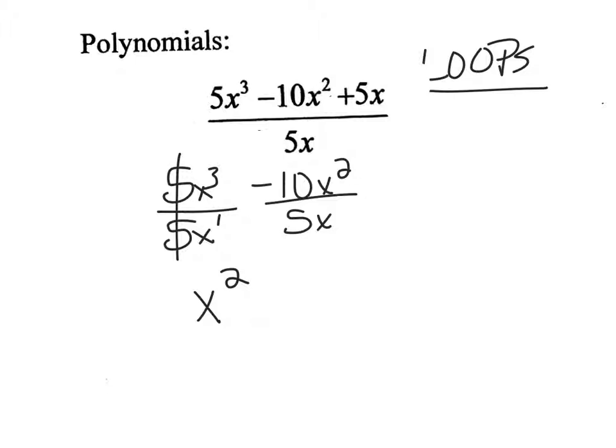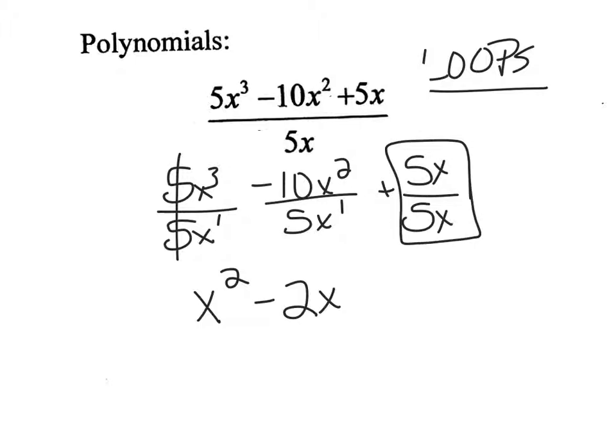Negative 10 divided by 5 is negative 2, and 2 minus 1 is 1. And you don't have to write the 1 there if you don't want to, but it's not wrong if you do. And then finally we do 5x divided by 5x, and we just said anything divided by itself is 1, and the 1 must be written there.